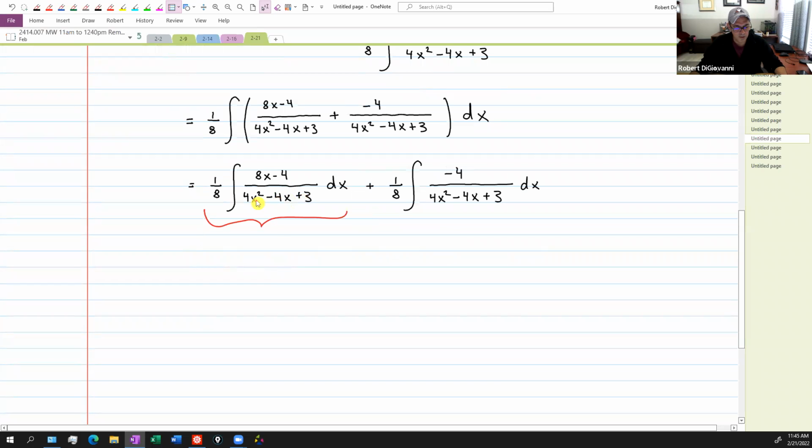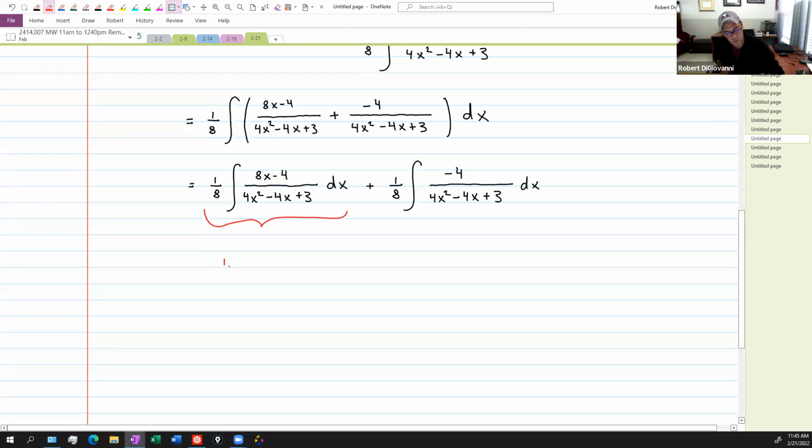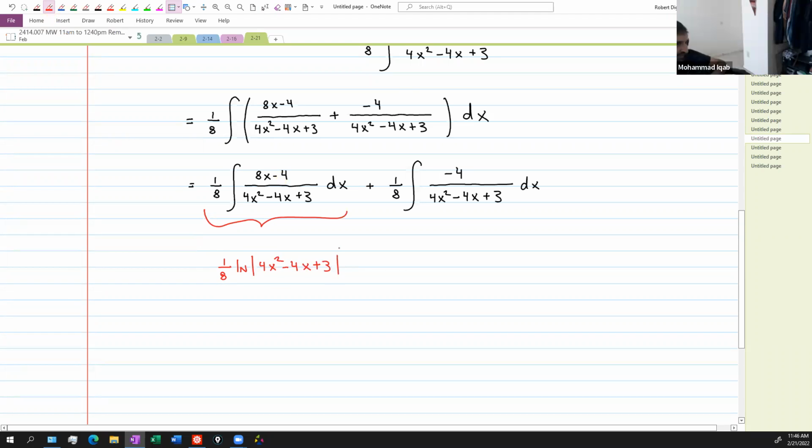If the bottom here is u and the top is du, isn't that just 1 over u du, and the antiderivative is natural log? Right? Okay, so there's really nothing more to do on this. This is just 1/8 natural log of the denominator. Then you have a constant over a quadratic on the other one. Now the other one is still here, but you no longer have linear over irreducible quadratic.